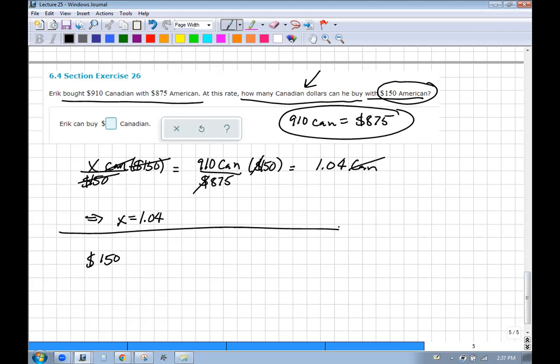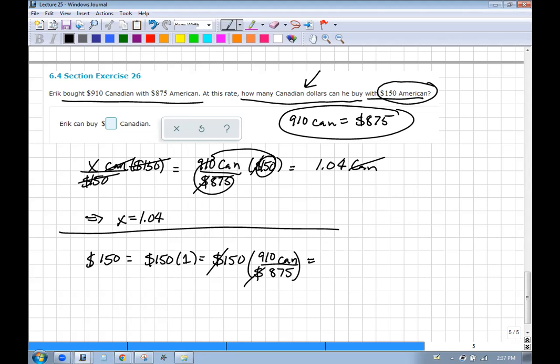And here is my conversion. $150 is the same as 150 times 1, and I'll use a smart 1. I want to get rid of dollars and I want Canadian. Well, $875 is the same as 910 Canadian. This is the number 1. The dollars cancel, and you can see I have the same numbers up here.